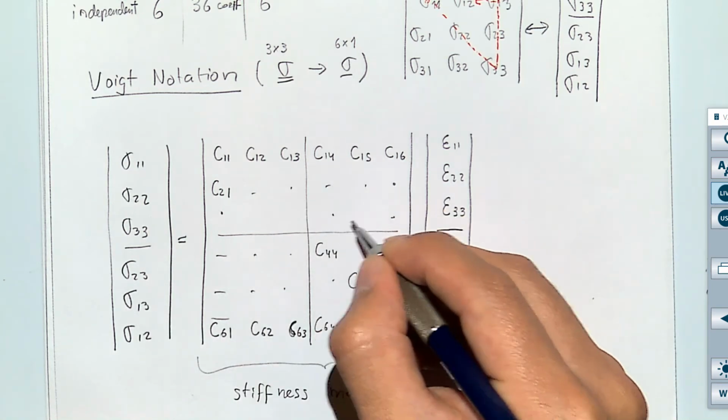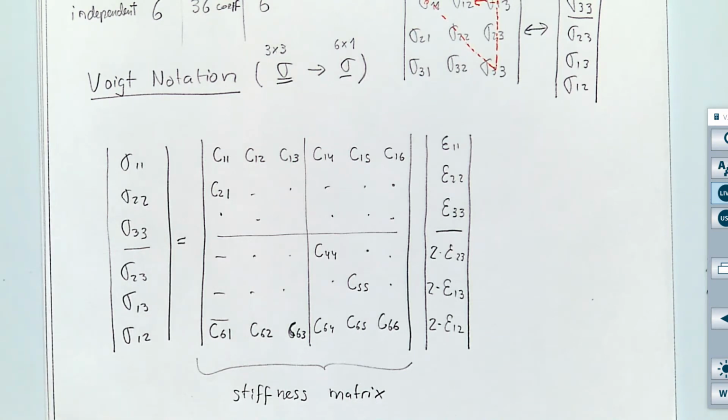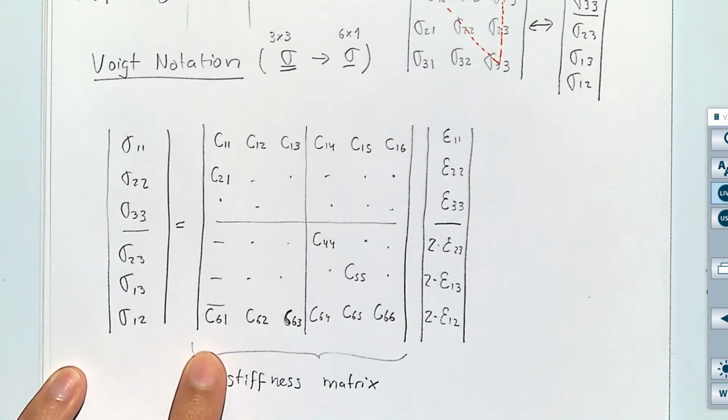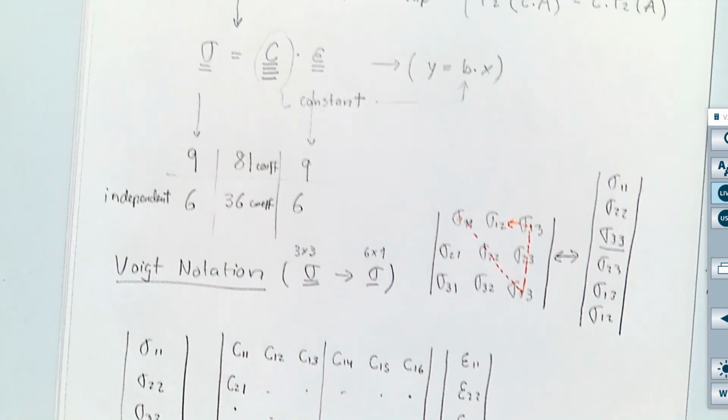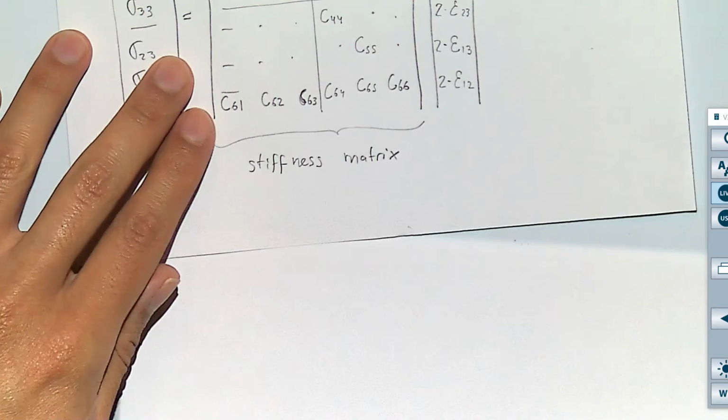I have 36 independent coefficients C. So in the most general case, if I want to link stresses to strains, I'm going to need 36 coefficients to characterize a solid or a rock. Okay, so fortunately for us, there are some physical rules that are going to allow us to figure out what some of these coefficients are, and they're going to be actually equal to 0. So let's see what the first one is.